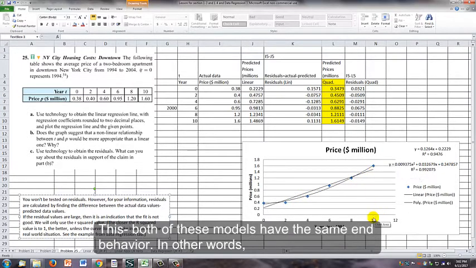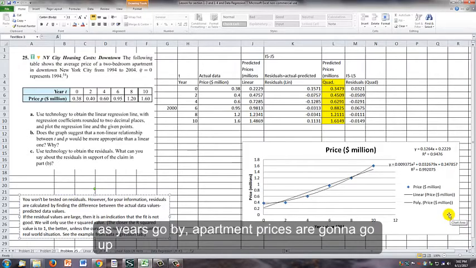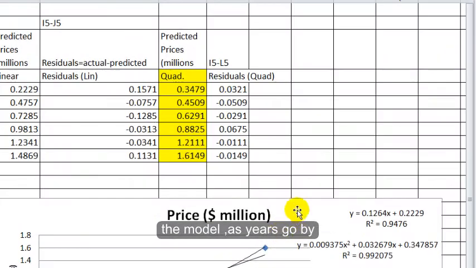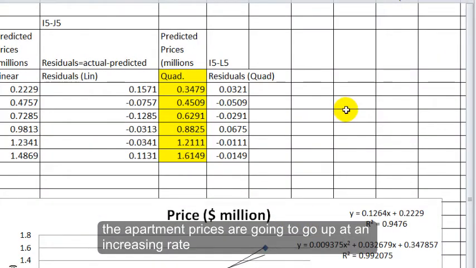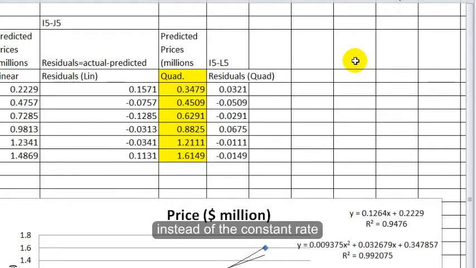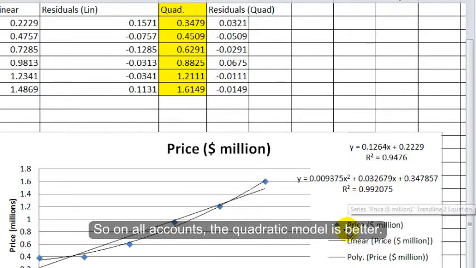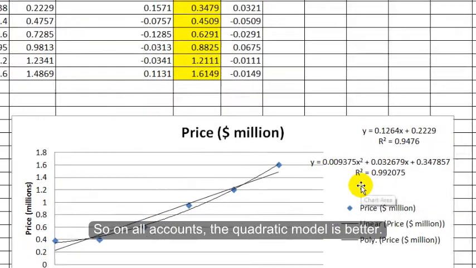In other words, as years go by, apartment prices are going to go up. With the quadratic model, as years go by, the apartment prices are going to go up at an increasing rate instead of a constant rate. And then the third thing we're going to look at is just which one is closer to 1. So on all accounts, the quadratic model is better.